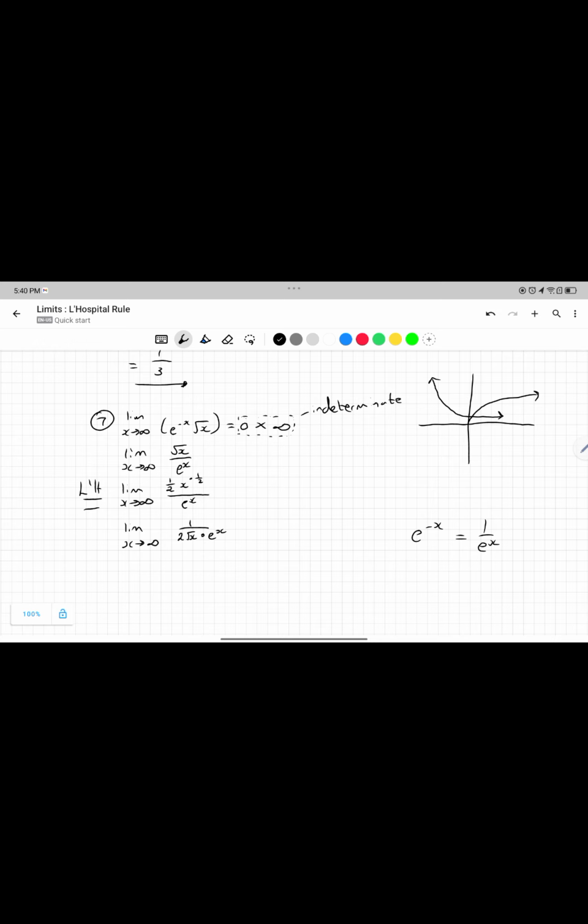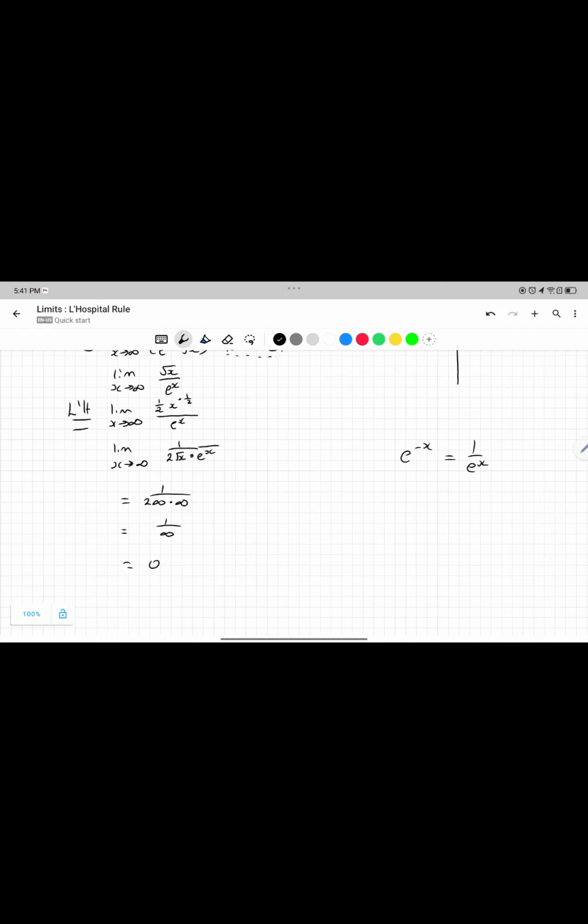So yeah, we're going to have 1 all over infinity times infinity, right? And infinity times infinity is not an indeterminate, right? So we have 1 over infinity, which is equal to 0. Hope that made sense.